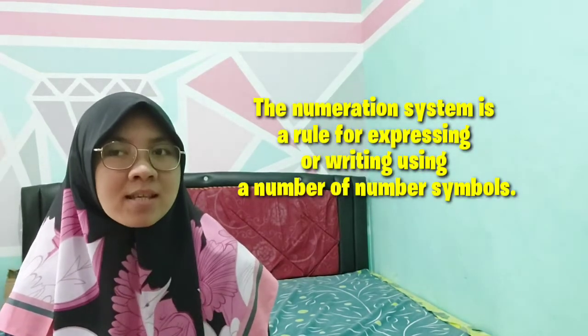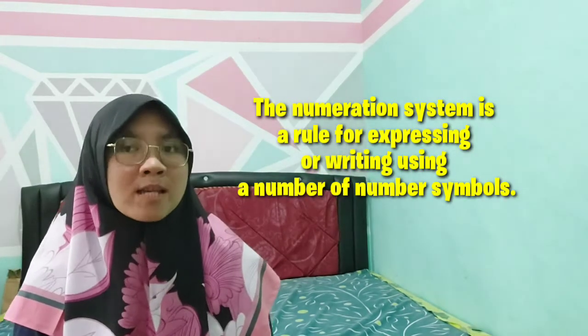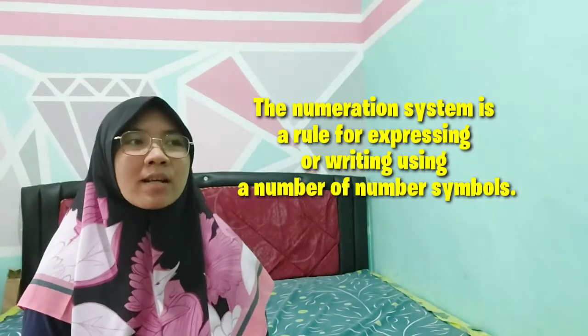So, a numeration system was created, namely a system consisting of numerals or symbols of numbers. The numeration system is a rule for expressing or writing numbers using a number of number symbols.